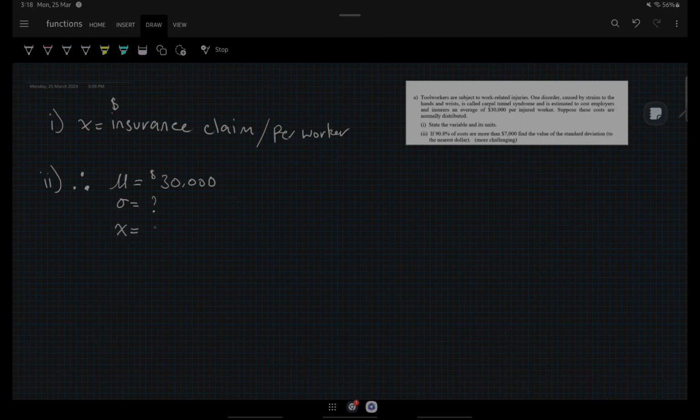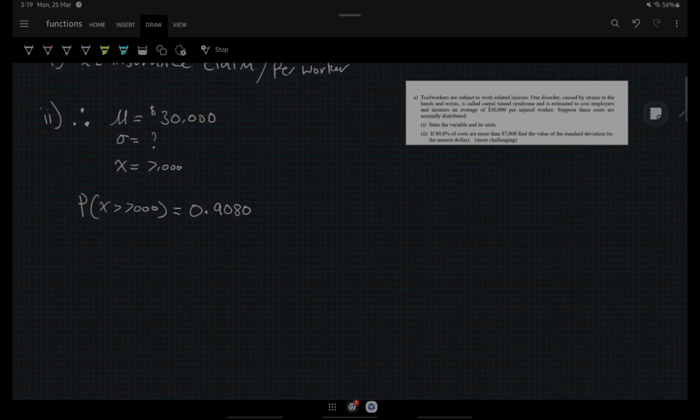And X is 7,000. We want to find the probability that X is greater than 7,000, and we're told that that equals 90.8%. So that's 90.8% just in decimals.